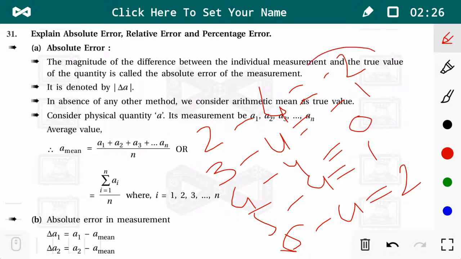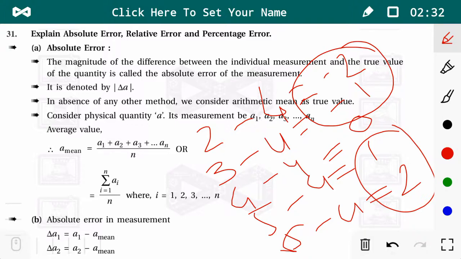You can see two values are negative and two values are positive. So the absolute error can be positive or negative.